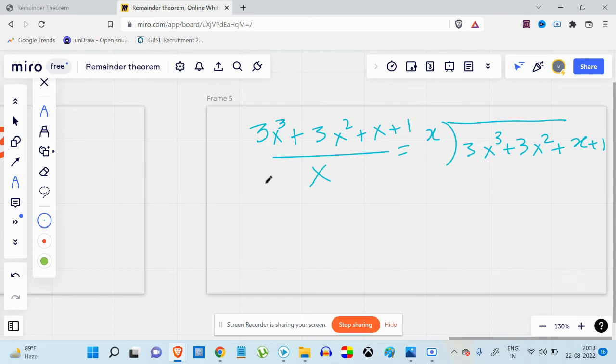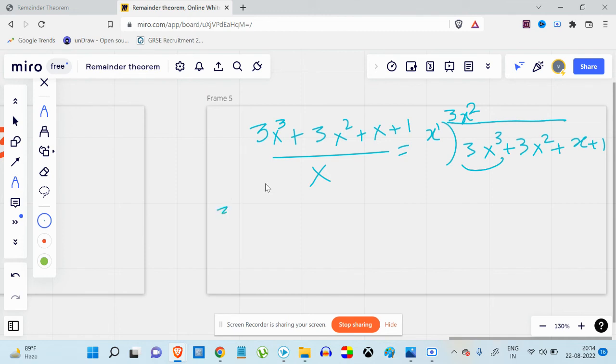Now remember what we need here. We need 3x cube, and here is x, meaning x to the power 1. How much more power do you want? 2 more powers. So you need what term to multiply with that? x square. But if you multiply with x square, will this term get cancelled out? No. You need one thing more, that is the multiplier 3, because if you multiply with 3, that will become 3x square.